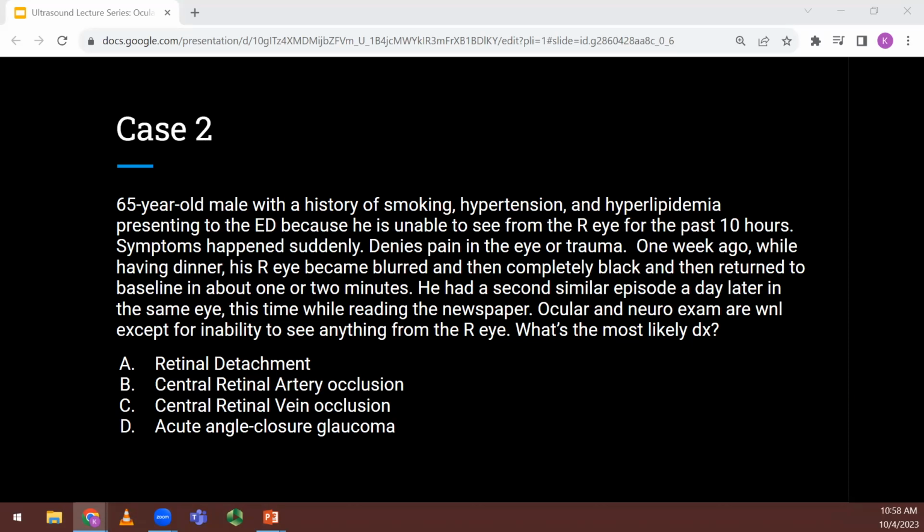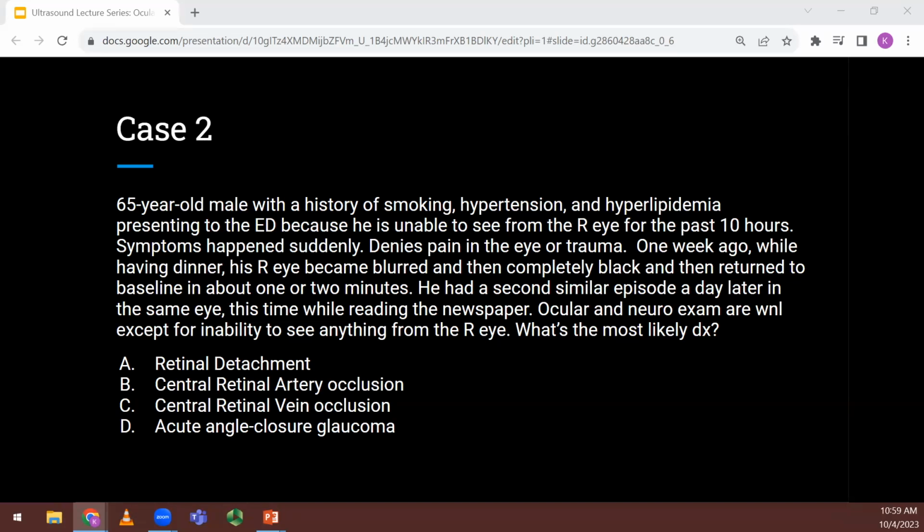You almost never have a complete whiteout, or you're not going to see completely black in your vision. You might see something. For acute angle glaucoma, we all know it's painful, not painless. And then central arterial occlusion and vein occlusion are very similar in terms of etiology, but usually with retinal arterial occlusion you see completely dark, whereas with vein occlusion you see more like blurry vision.